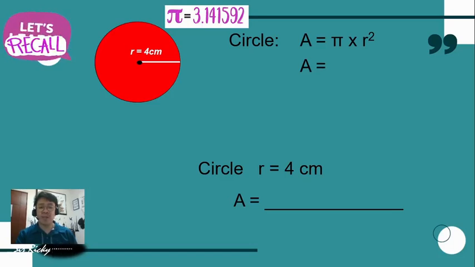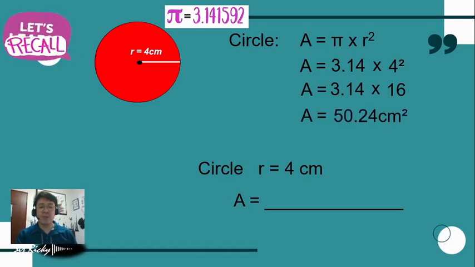So A is equal to pi, which is 3.14, times r squared, meaning we will be multiplying the radius to itself. So 4 squared: 3.14 times 4 squared, or 4 times 4 is equal to 16. So area is equal to 3.14 times 16, which is 50.24 square centimeters.